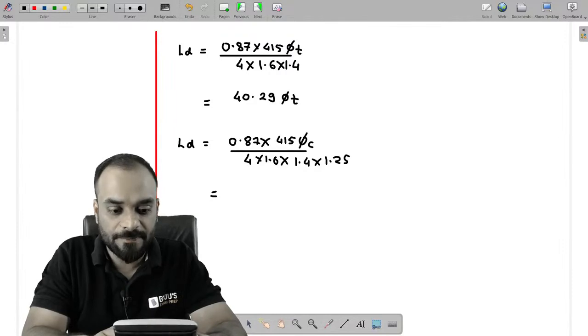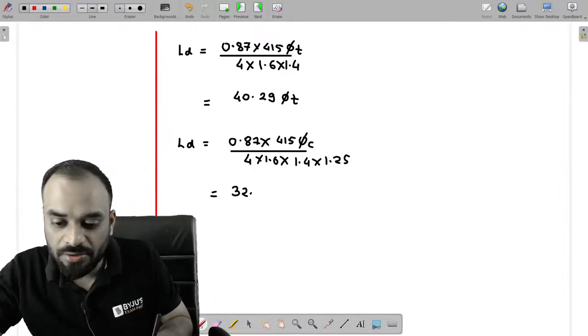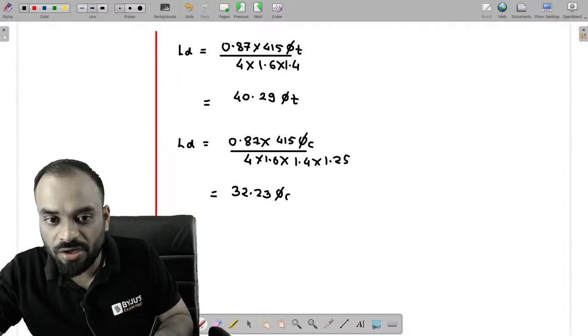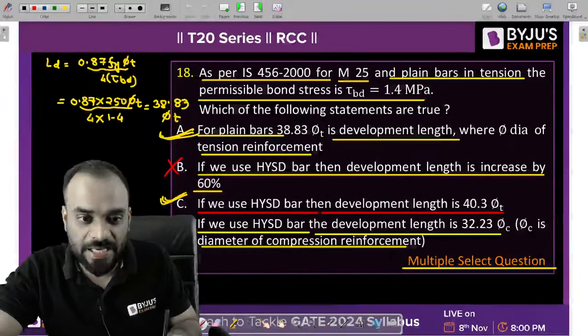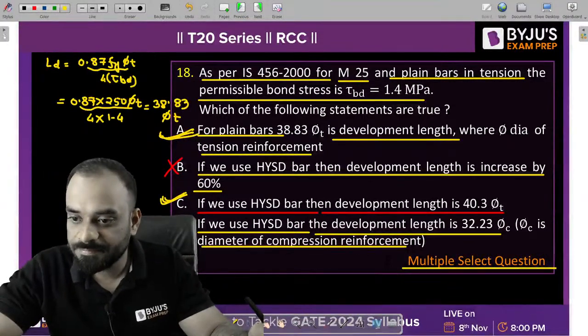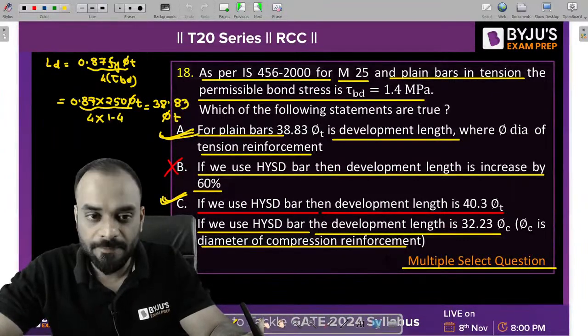How much will be the answer? So guys, we are getting a value of 32.23 dia of compression reinforcement. So this is the value of LD. So again, the D statement is also correct. D is also correct. Tell me, Prithvi and Vali.